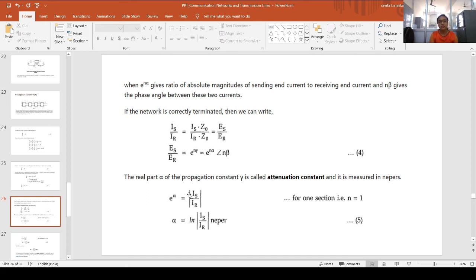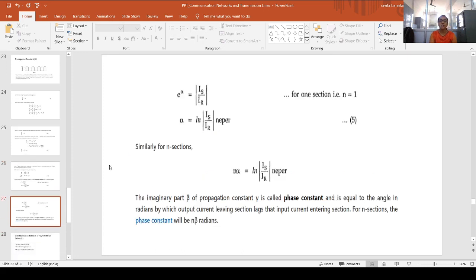So e raised to alpha is equal to the modulus of Is by IR, meaning alpha is equal to log of Is by IR, and the unit is Nepers. And similarly for n sections we do the same: n alpha is equal to log of Is by IR Nepers.